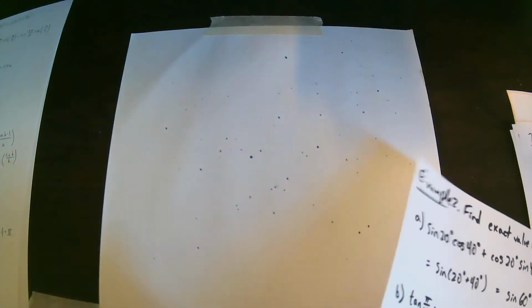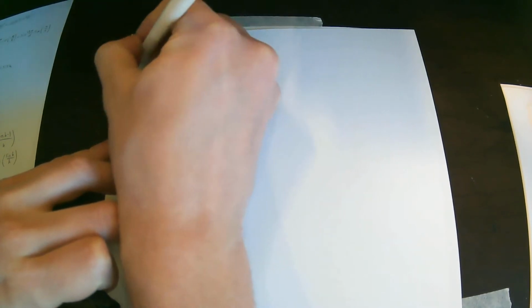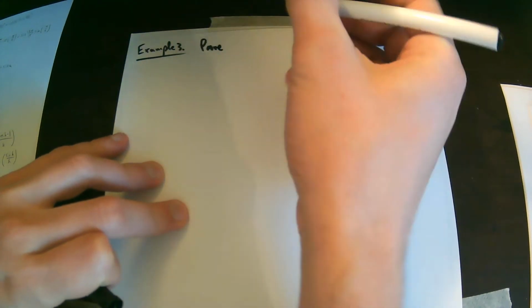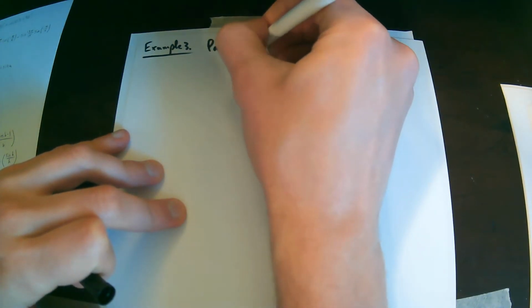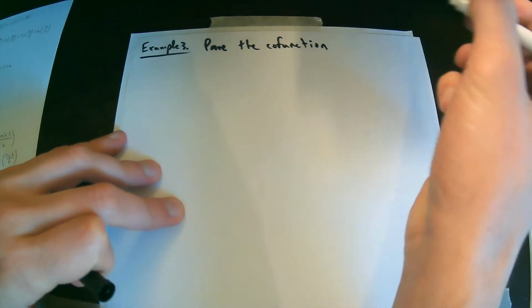Okay, another use of these formulas is we can prove these cofunction identities. So we'll just prove one of them because they all go the same way. And remember, the cofunction identity basically relates sine and cosine directly.